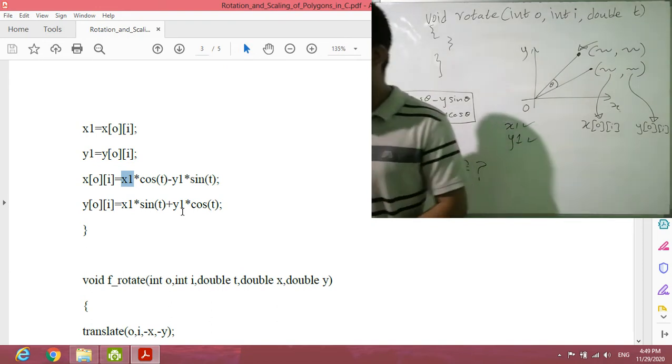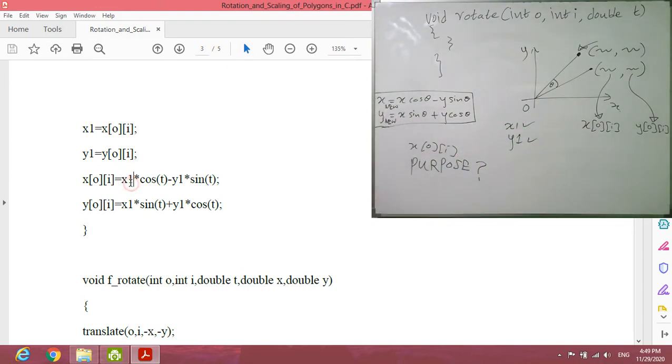Okay, the reason is, when you compute this line of code without any problem, the new value of this one will be computed. But when we try to compute this one here, then we are going to use the new value of xoi, not the previous value. But actually we have to use the previous value according to these two equations.